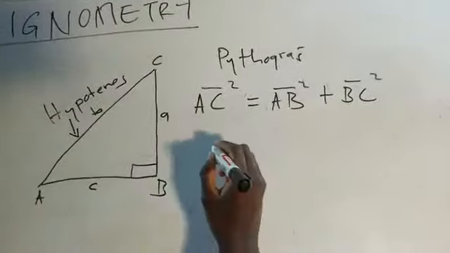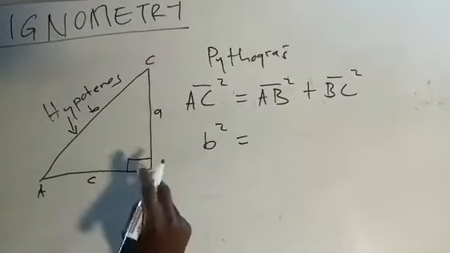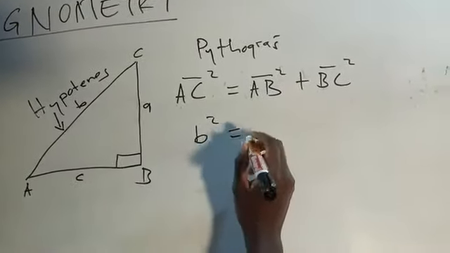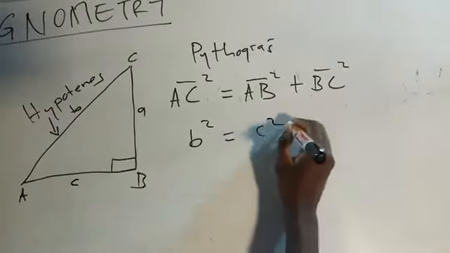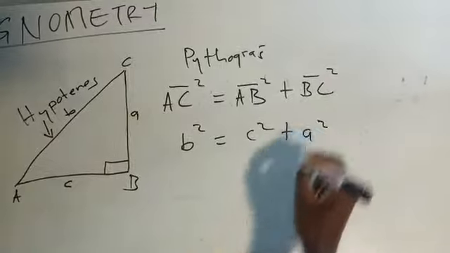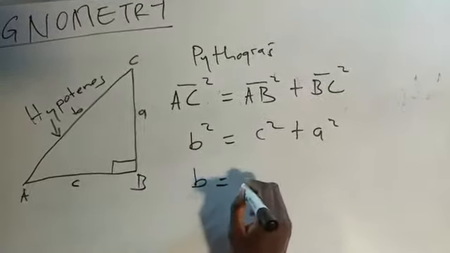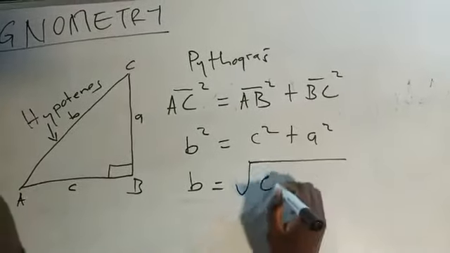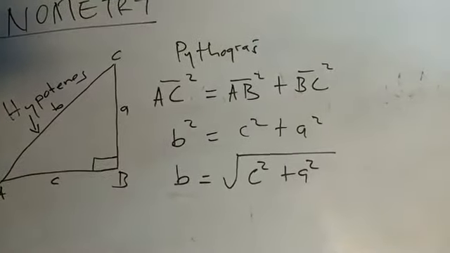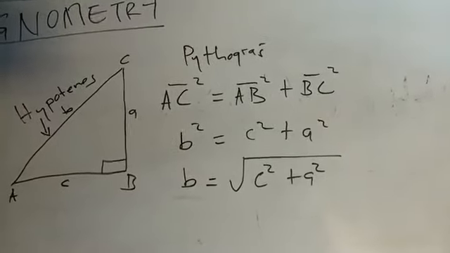AC is B squared, AB is C squared, plus BC becoming A squared, in finding B alone to be square root of C squared plus A squared. That's what we call Pythagoras theorem.